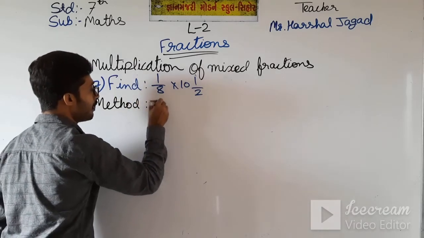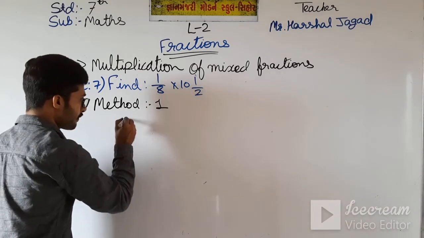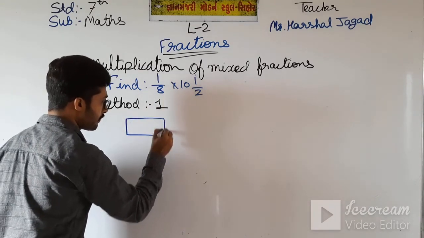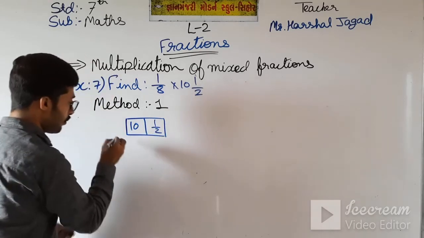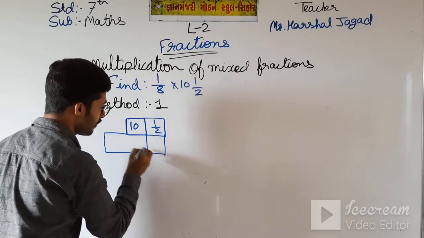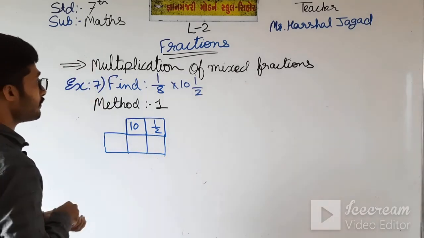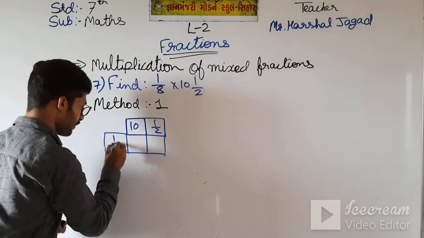Method 1. Okay students, so 10 1 by 2. Here what is to be multiplied? So 1 by 8.